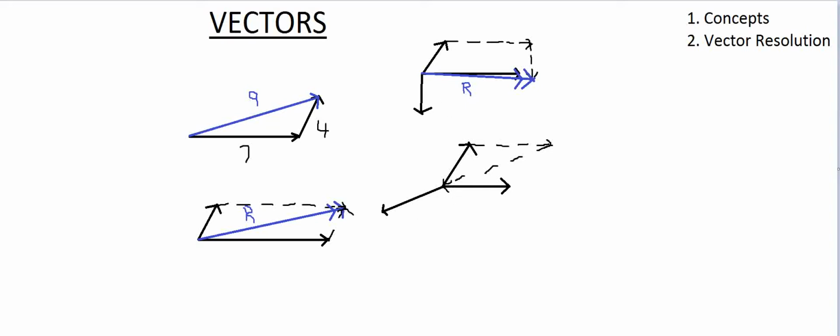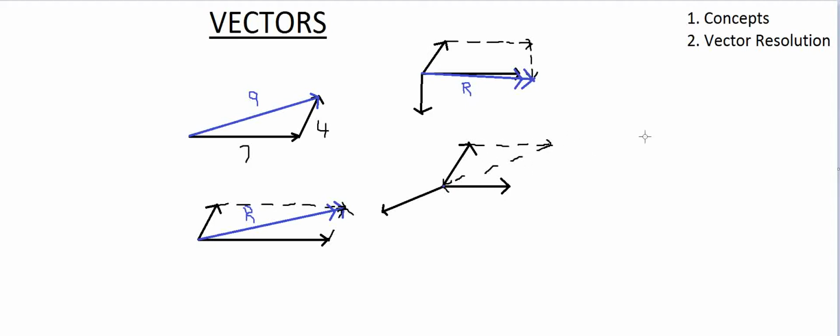What it basically means is that the resultant force, the resultant vector, is 0. So the system is in equilibrium if all the vectors, when you resolve them, end up at the start point again.